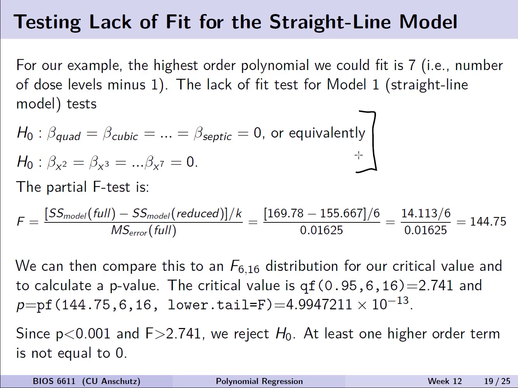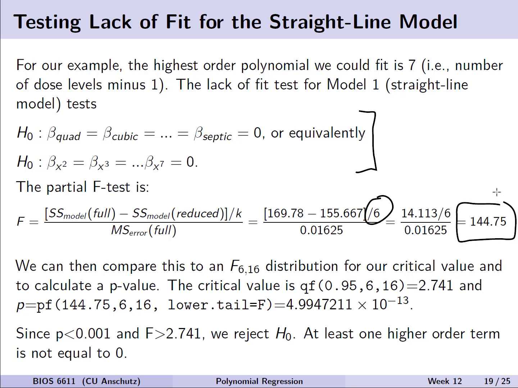In other words, that x squared up to the x to the 7th term are all equal to 0. Based on the ANOVA output and tables we had before, we can then extract that information to conduct our partial f-test. And here we see that we would have 6 terms that we're removing from the model, that full model with 7th power, down to our straight line model with only the first power term, or first order term.